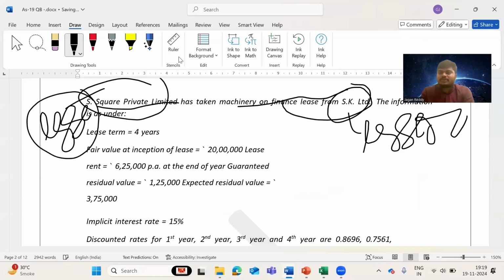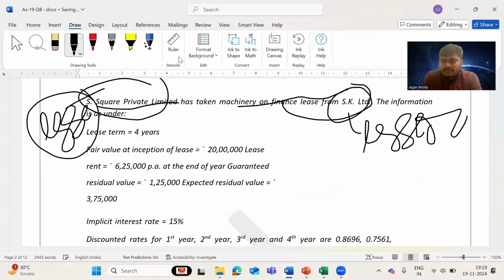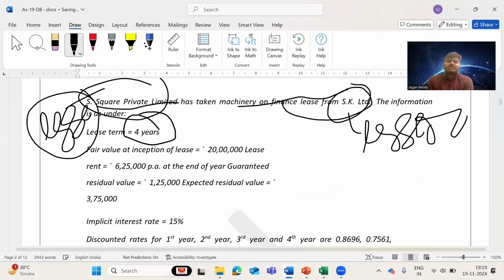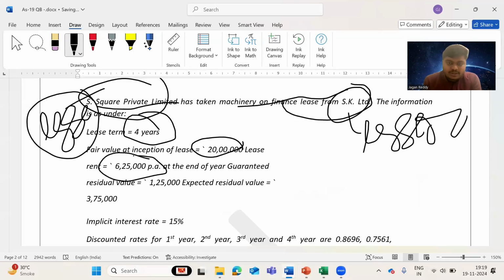You understood this one? Now the following data: lease period is 4 years, so you need not calculate the lease term here; they have given it directly. What is the fair value of the asset? 20 lakhs. What are the lease rentals? 6,25,000.